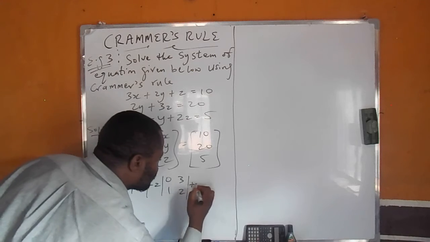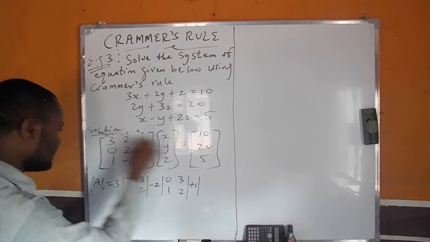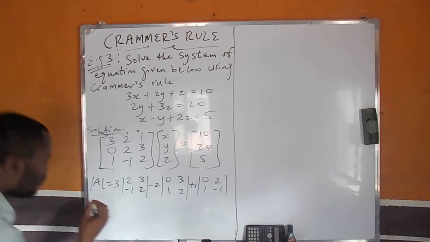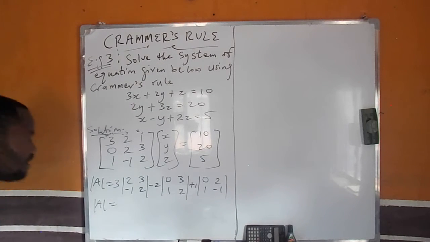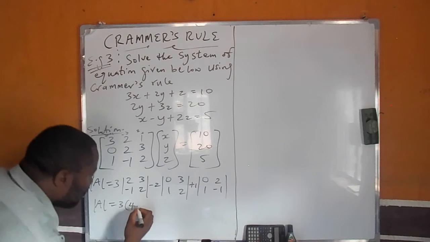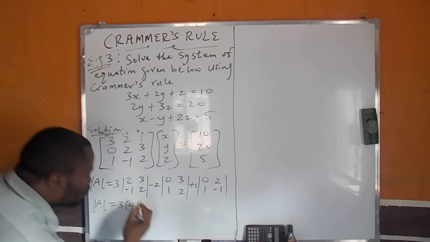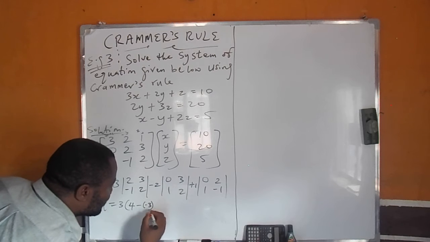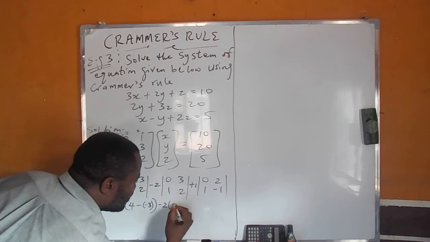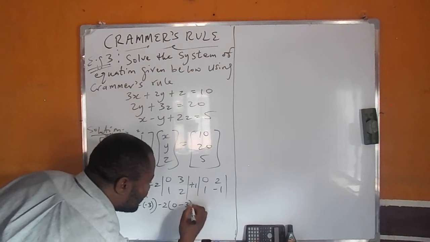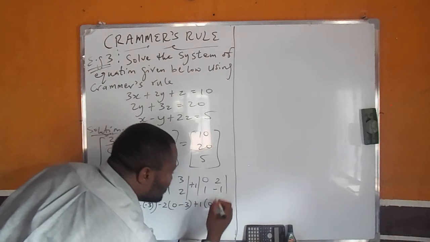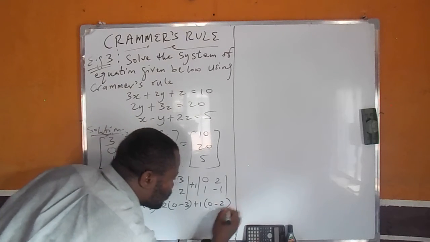We have +1. If we cancel it like this, we have 0, 1, 2, -1. So the determinant of A equals 3 in bracket 2 times 2, 4, the invisible minus, -1 times 3, -3, bracket close, -2, bracket open. This times this, 0, -1 times 3, 3, plus 1, bracket, 0 times -1, 0, the minus, 2 times 1, 2.